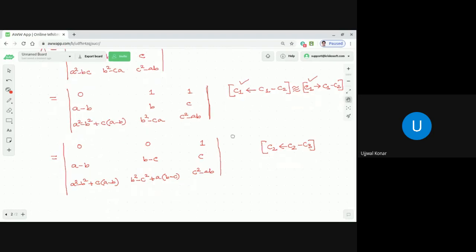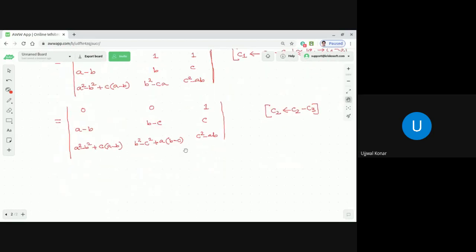After that, if you look minutely into the third row, you will find that you can take A minus B common from the first column, and B minus C you can take common from the second column. So then what are we going to get? You are going to get A minus B and B minus C taken common.